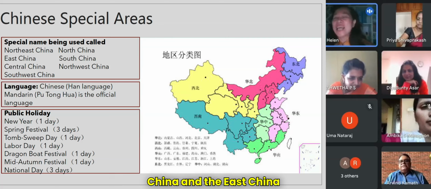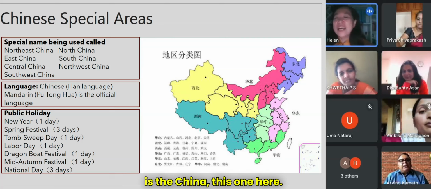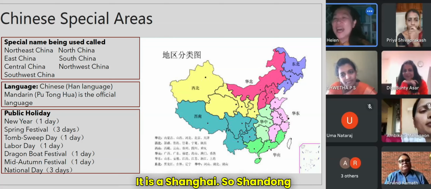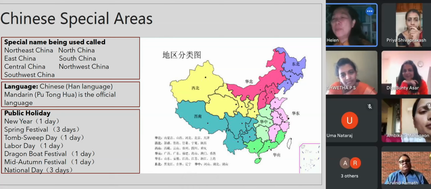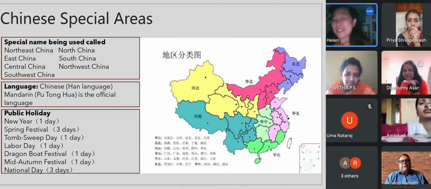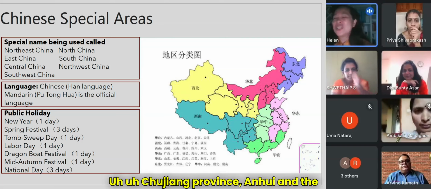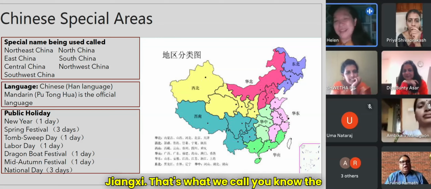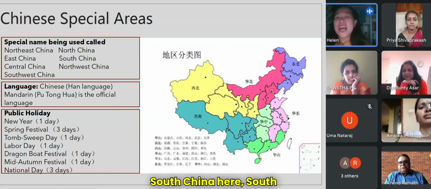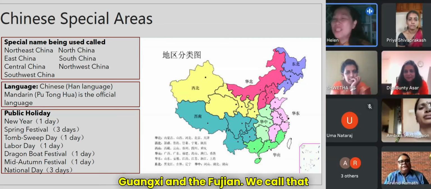And East China, this one here. You can see here is Shanghai. Shandong province, Jiangsu province, Fujian province, Zhejiang province, Anhui and Jiangxi. That's what we call East China. Then South China here: Guangdong, Guangxi and Fujian.